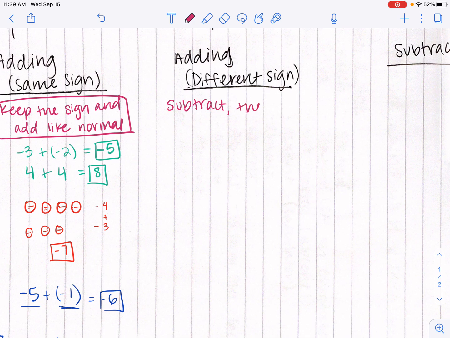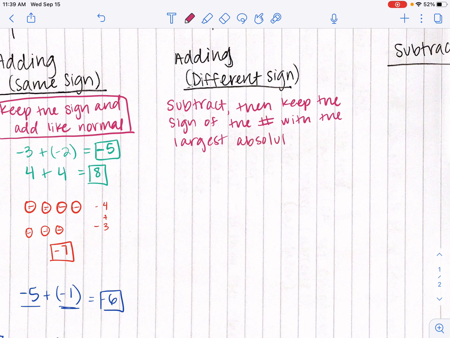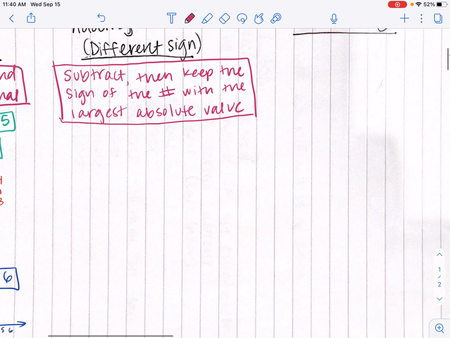So then keep the sign of the number with the largest absolute value. So that is your rule. It is a long rule. Make sure you have it all in its box. Make sure you don't forget any part of it.